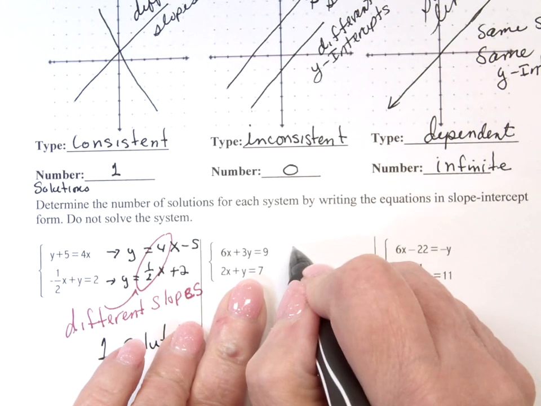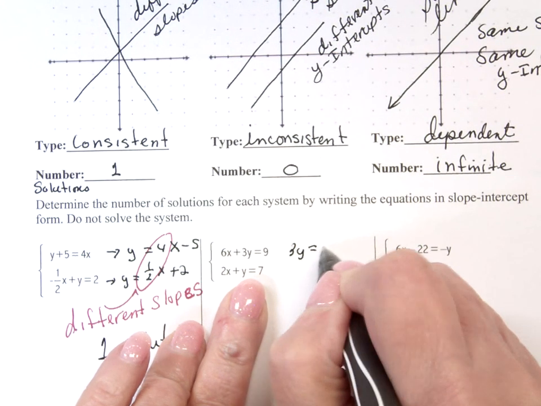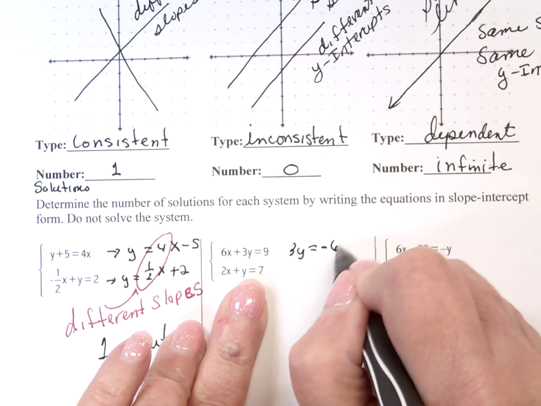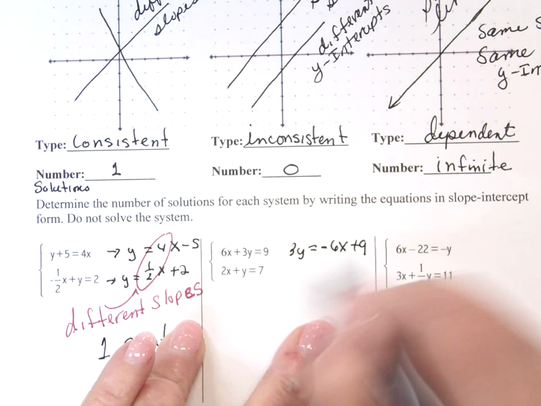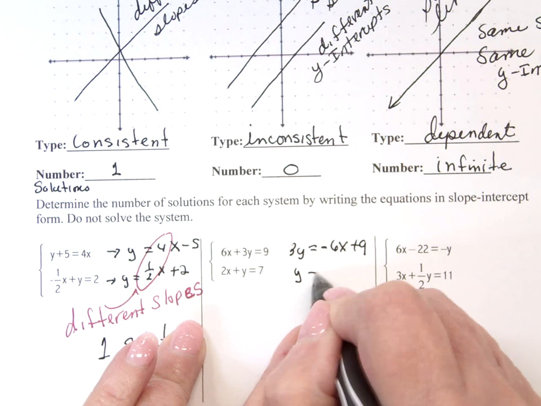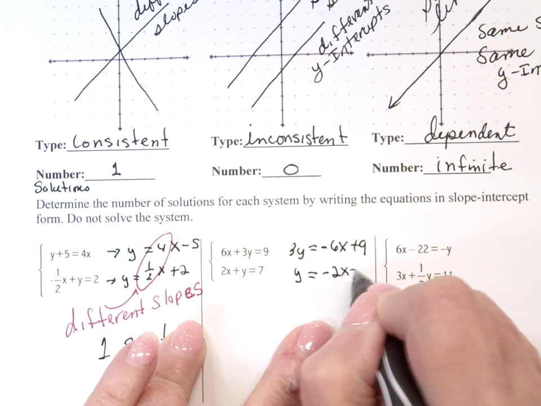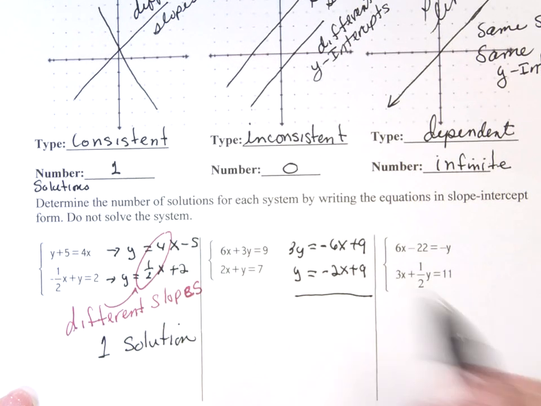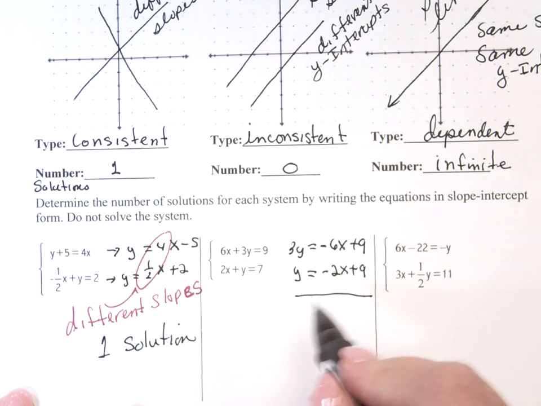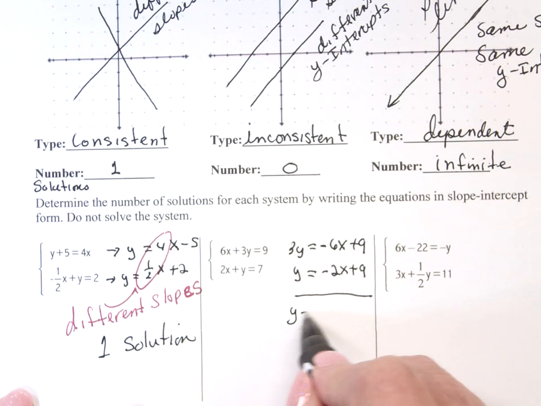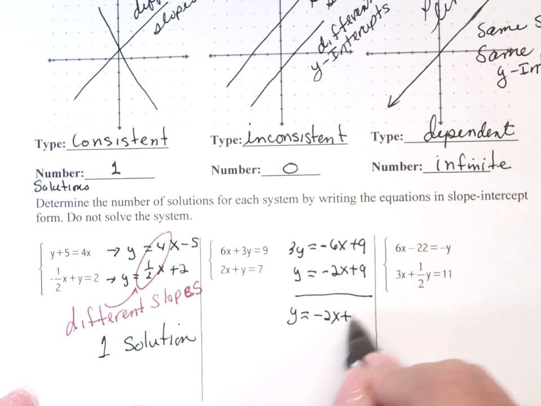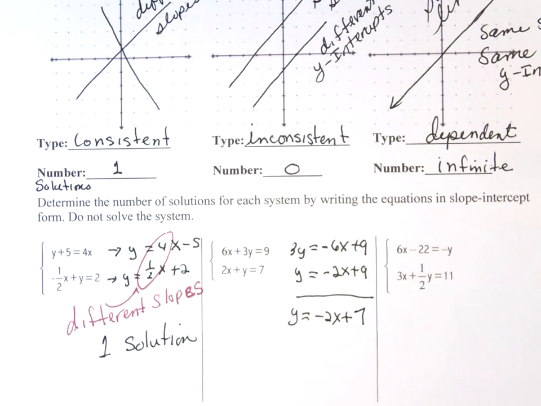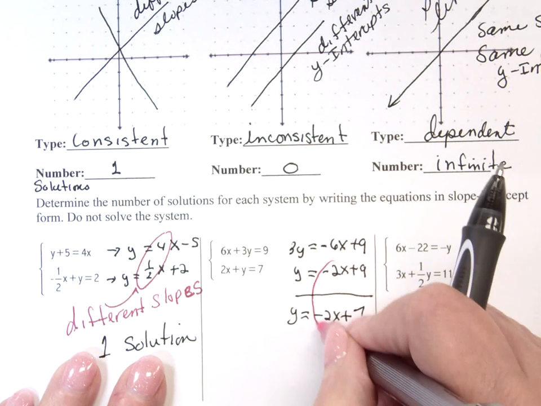This says that 3y equals negative 6x plus 9, divided by 3, y equals negative 2x plus 3. So that's the first line. The second one says that y equals negative 2x plus 7. So what do you notice? Same slopes, right?